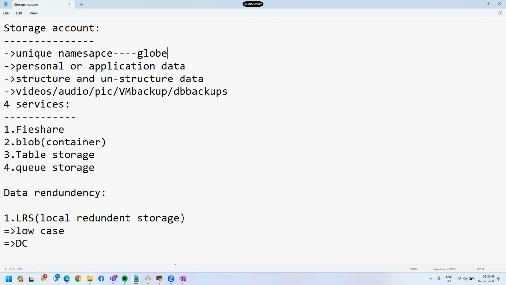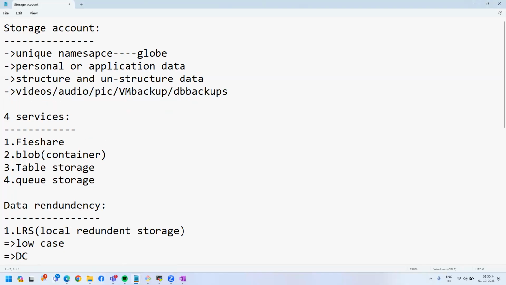I am repeating, what is the storage account? A storage account is a unique namespace, and it is used to store personal or application data. It also stores structured or unstructured data, guys. Unstructured data means, as I said, videos, audios, VM backups, database backups; they come under unstructured data.